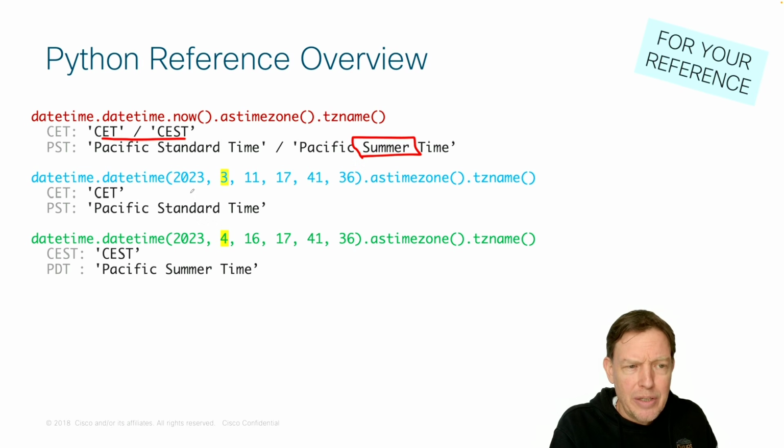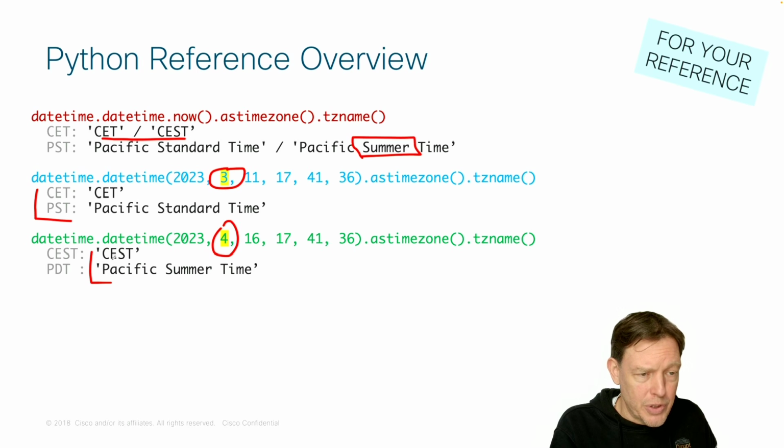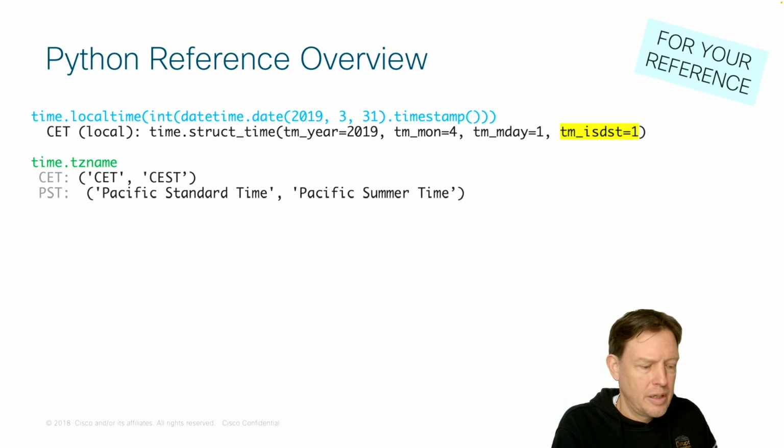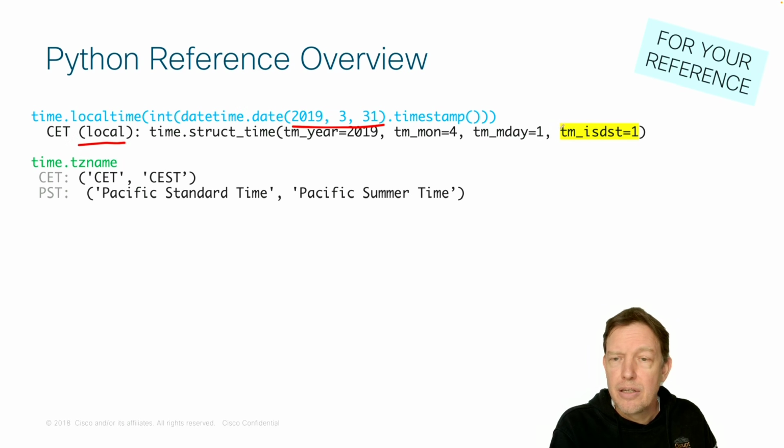The two commands following, you can run, and based on your local time zone, it will output either this or that. So the first one is a date in March, second one is a date in April, which is in the summer. And in the summer you will see that it outputs CEST and Pacific Summer Time. Another interesting thing here, based on your local time zone and a date, this command will tell you if DST is active.